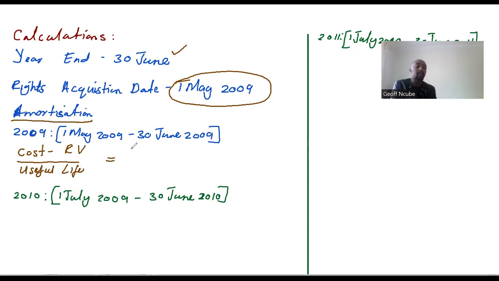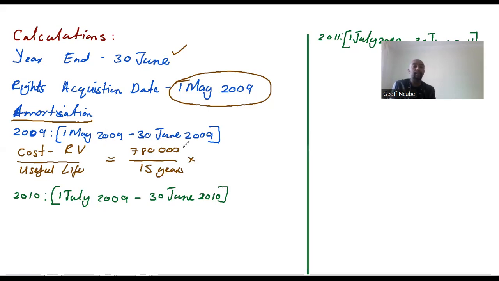So what do we have? We have the cost of that much over 15 years, multiplied by, remember, this thing was available for use in the 2009 year, on 1 May 2009, to the end of the year. How many months is that?